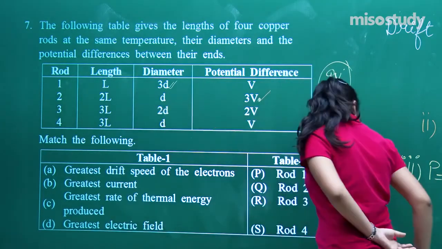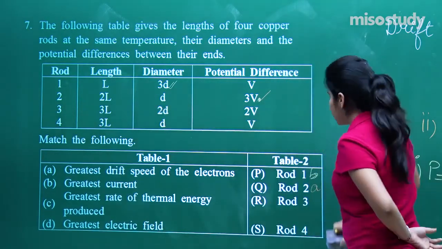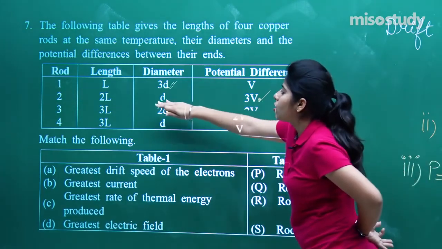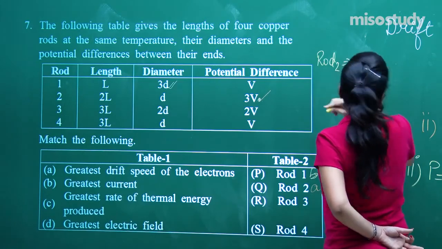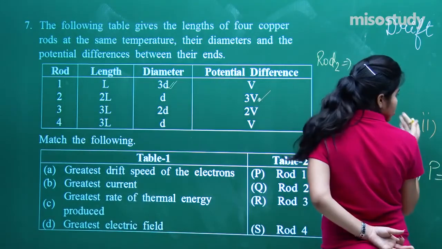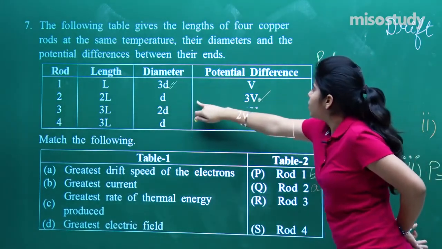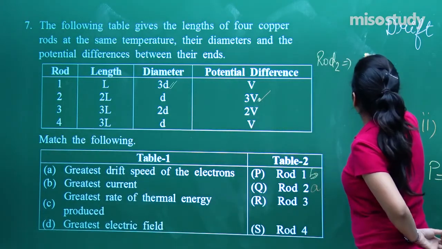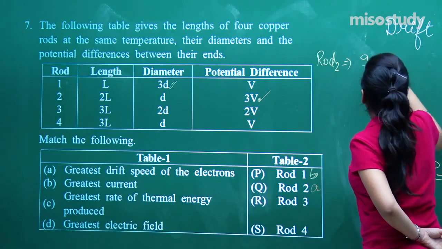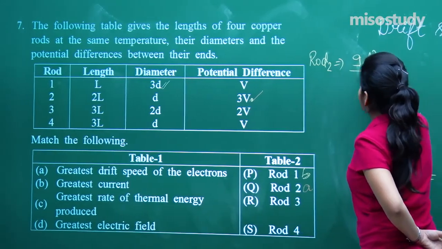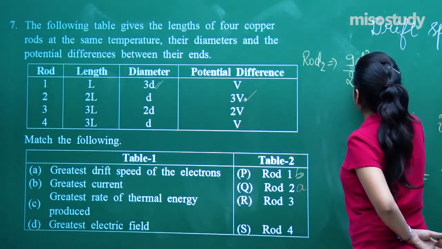So the total power generated across this, let me just say about rod 2, across rod 2, that will be V into d whole square by L. V is 3V into d square, that means 9 into 9d square divided by 2L.